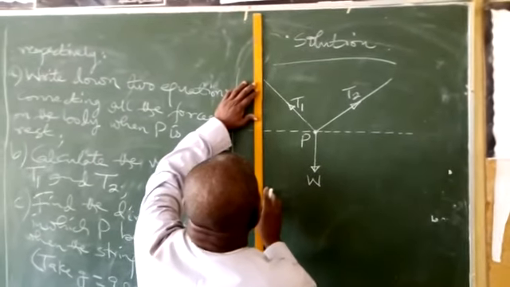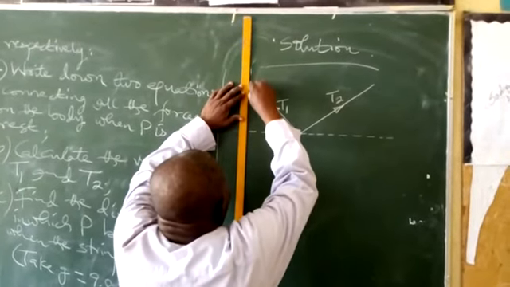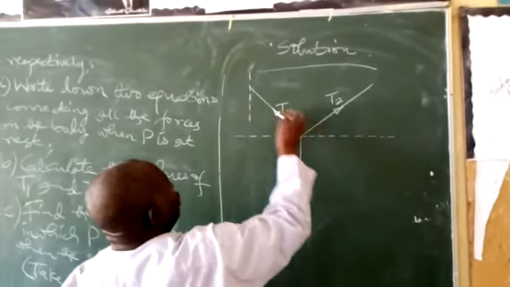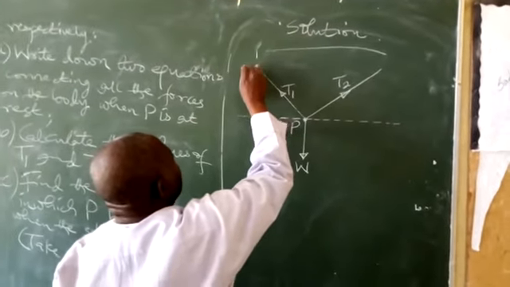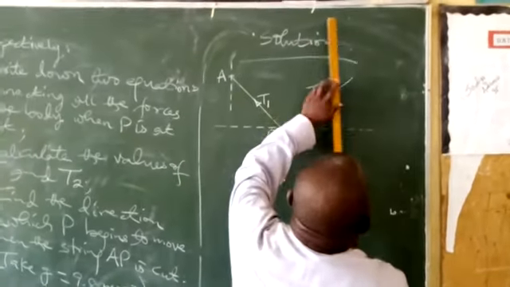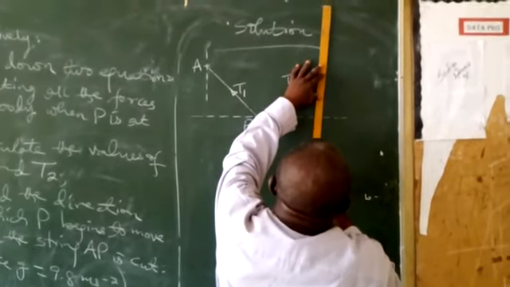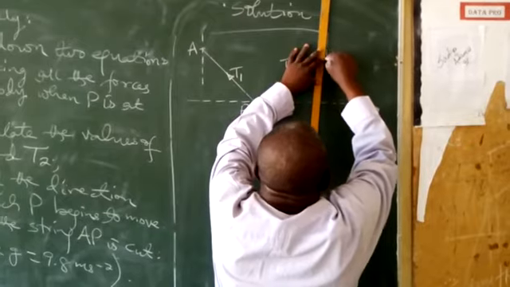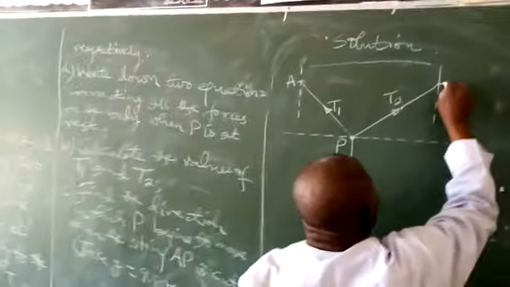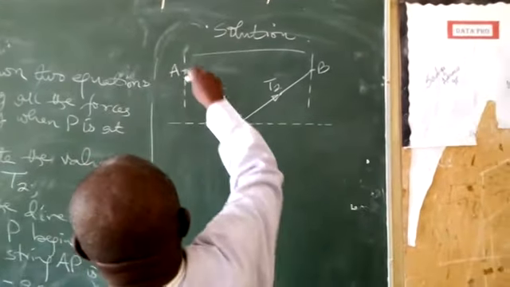So this string is attached to point A, and this string is attached to point B here.